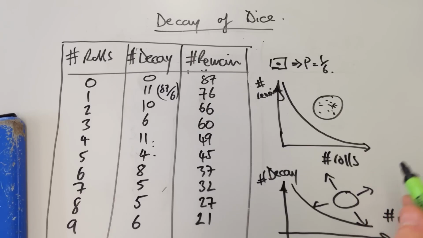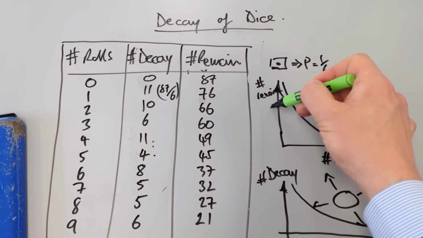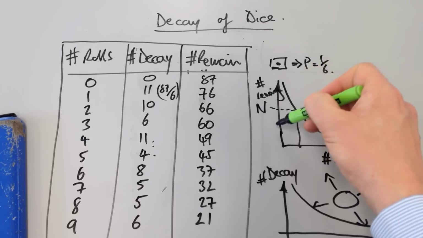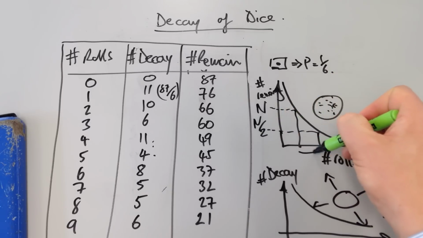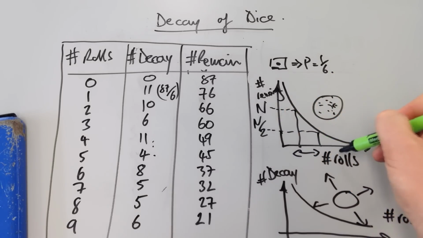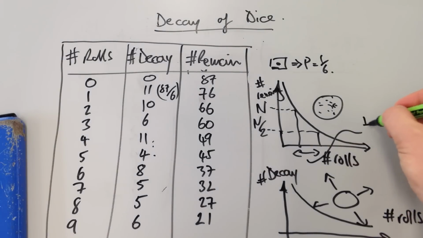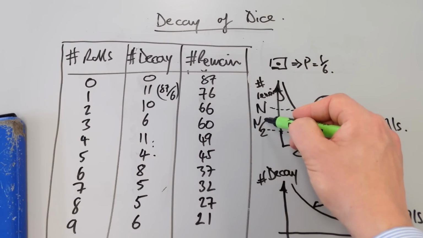Once we've done that, one final stage, and that is you're going to look for any starting point we like, say n, and then you're going to look for the point which is n over 2. And you're going to find out this number of rolls, because that should give you an analogy to the half-life. In other words, the number of rolls needed in order for the initial starting number to decrease by half.